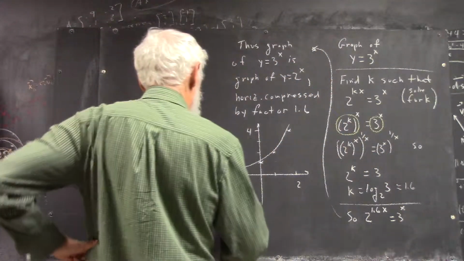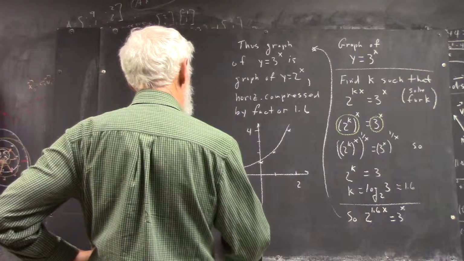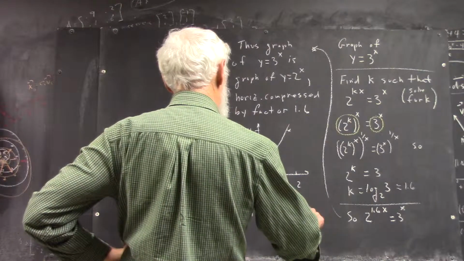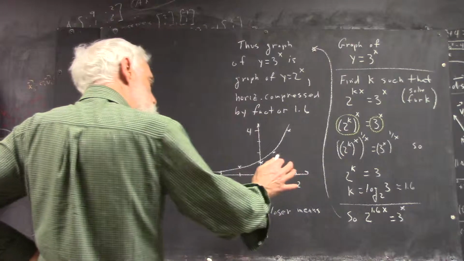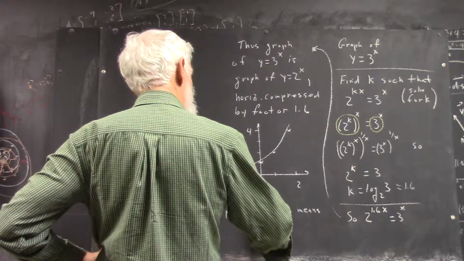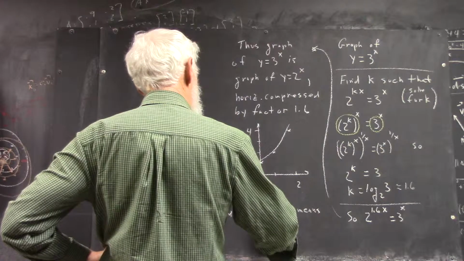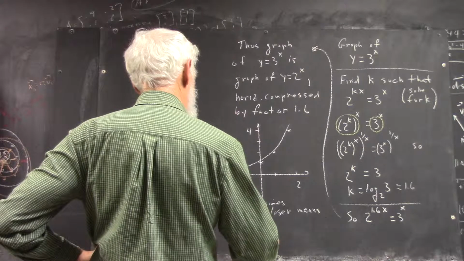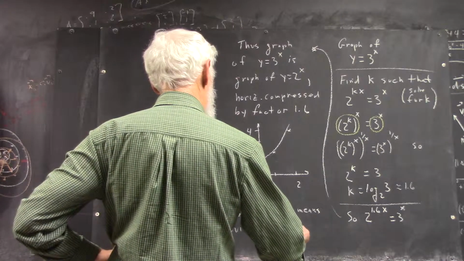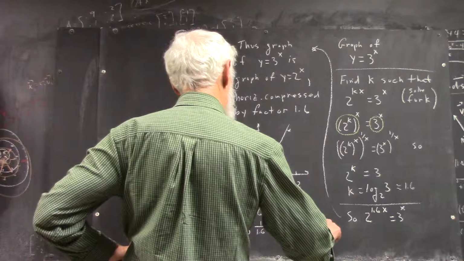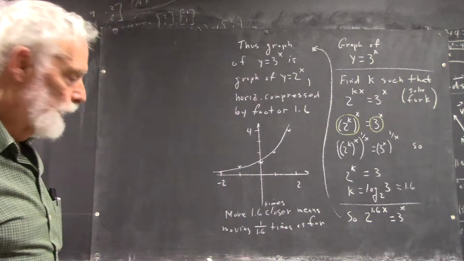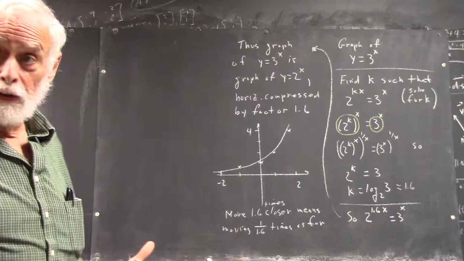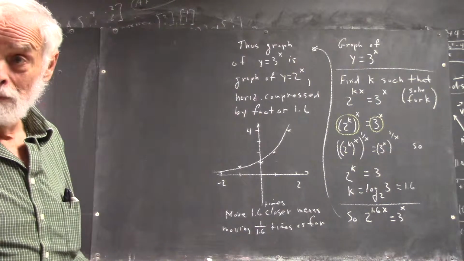So moving 1.6 times closer means moving 1 over 1.6 times as far. Now 1 over 1.6 is about 0.6.